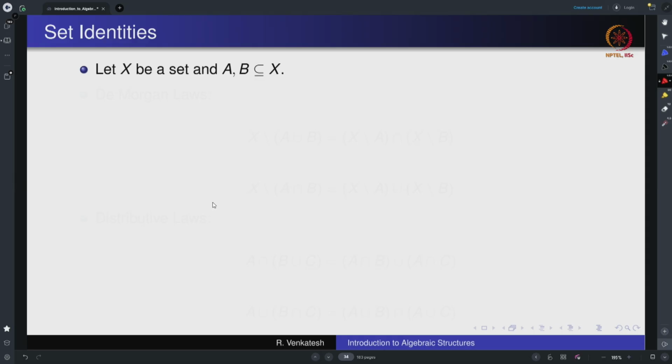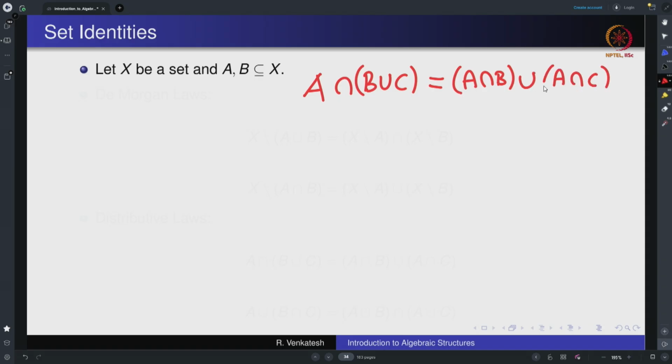So, we want to say A intersection B union C is the same as A intersection B union A intersection C. Again, if you want to prove two sets are equal, you prove that one set is a subset of the other set and vice versa.